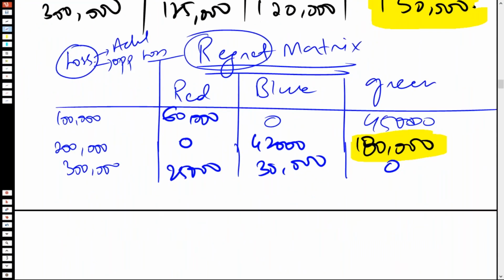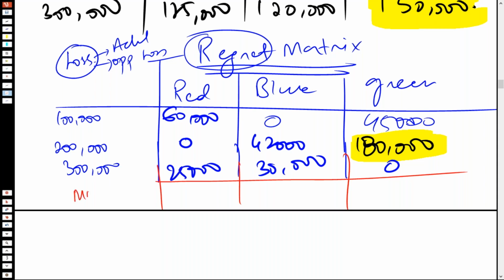Now let's try to understand this. Basically what happens is that you have prepared a regret matrix now. What would happen is that you would identify, it's a mini max regret.